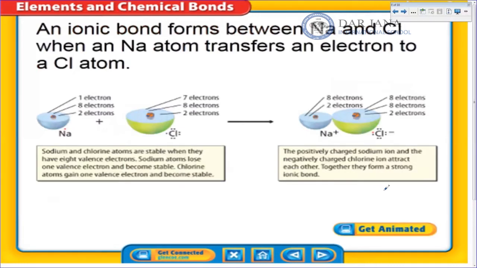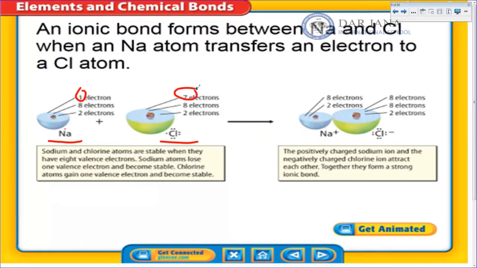Now, let's look here. In this example, we have 2 atoms. We have Na and Cl. So this is Na, sodium, and Cl, chlorine. Na has only one valence electron on its highest level, while chlorine has 7 valence electrons on its highest level.